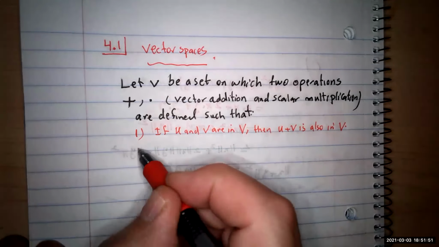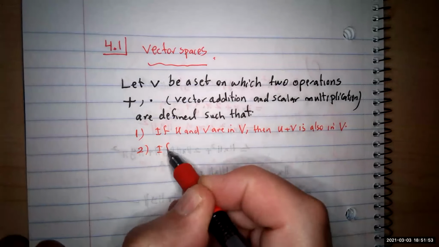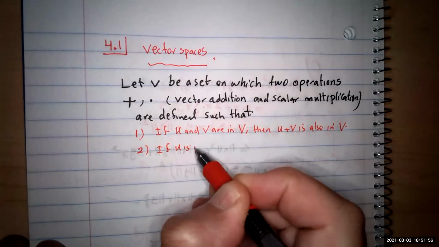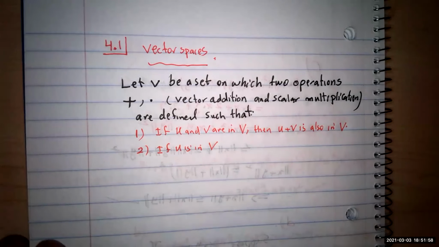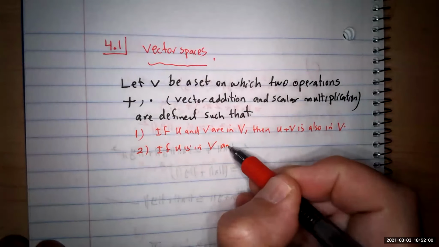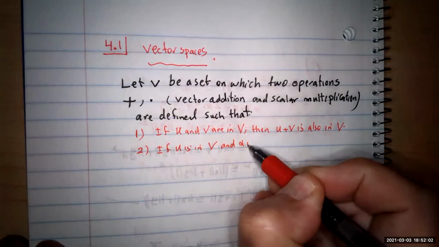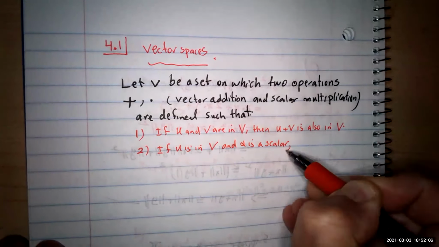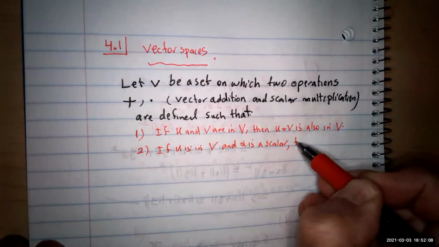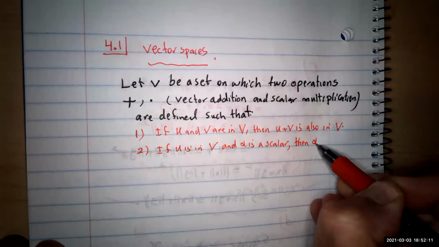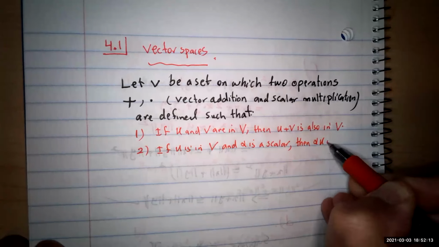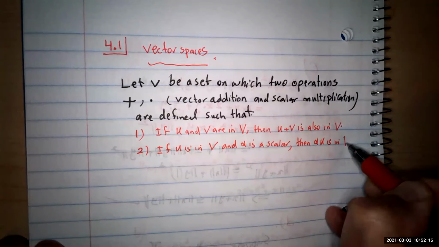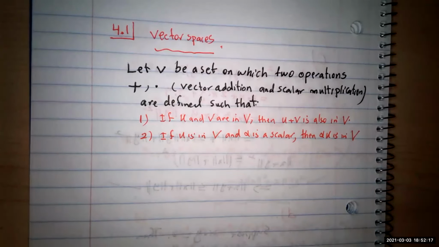The second one is scalar multiplication. If u is in V, a vector, a member, and alpha is a real number, a scalar like 2, 3, 4, 5, 6, then alpha times u is in V. So this means it is closed under this operation.